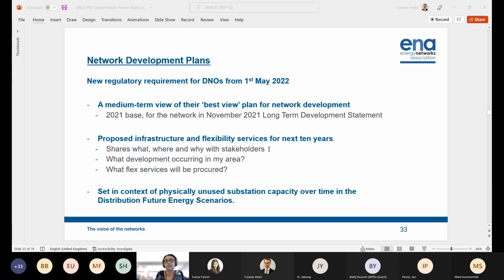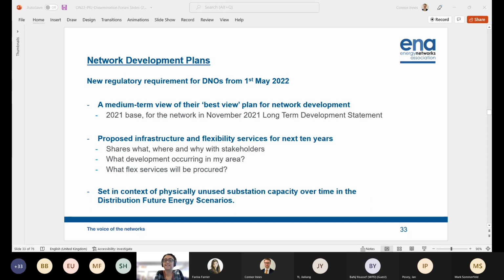It uses the baseline of 2021 from the network and demand and generation conditions in last year's long-term development statement. That's another one of our regulatory license conditions, and the network development plan is very much designed to build on it.